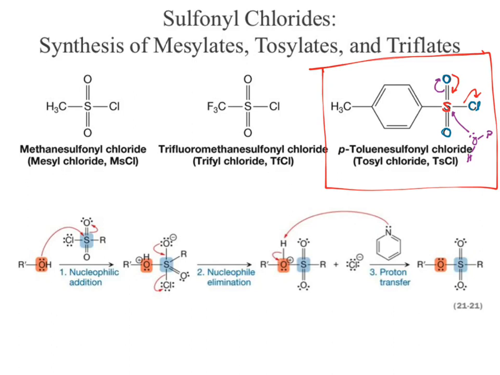Right? So when we talked about it back then, I said the mechanism isn't that big a deal. You have to remember that this is what it does. Here's the mechanism. If we go through and take a look at the other ones that they've got listed up here, triflyl chloride, what is common between it and the tosyl chloride?